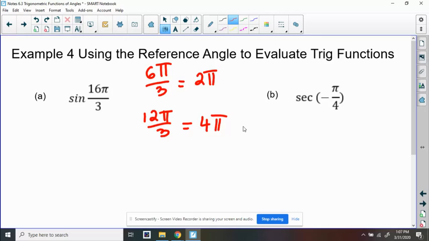Okay, so if you went 2 circles, what's left then? 16 minus 12 is 4 pi over 3. That's what's left. Now, 3 pi over 3 is 180 degrees, right? Because that's just pi. So let's see, this is the same as 3 pi over 3 plus pi over 3.